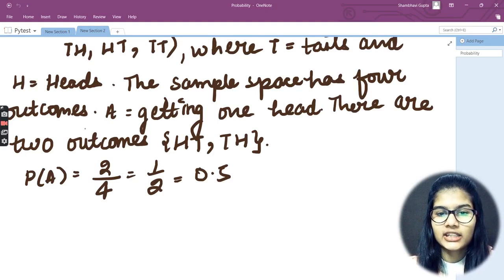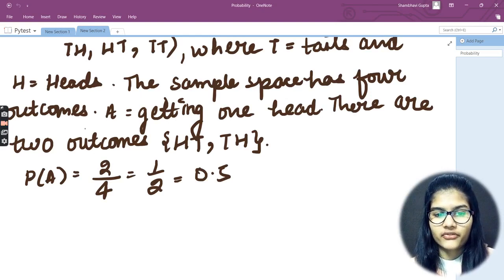And A will be getting one head. So in that case, there will now be two outcomes, that is head tail and tail head, because these are the only two outcomes in which one head is occurring, right? These two are the only events. So I just wrote both of those, and then the probability of A is 2 by 4, that is equal to, if I cancel that out, 1 by 2.